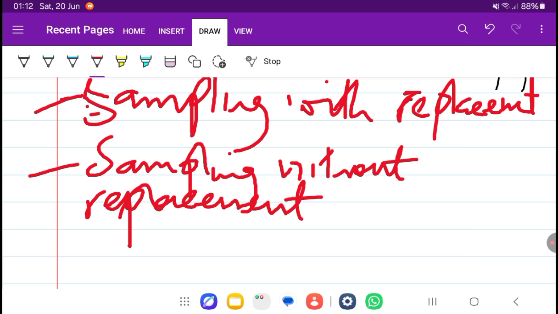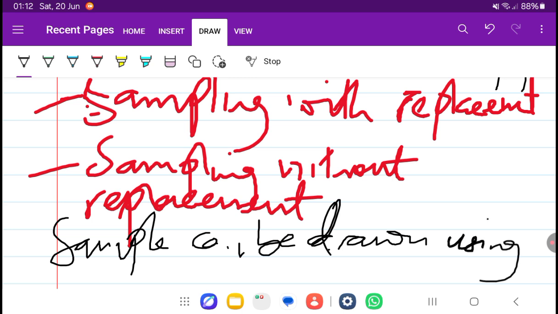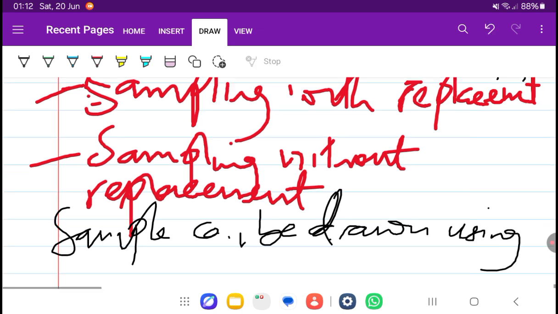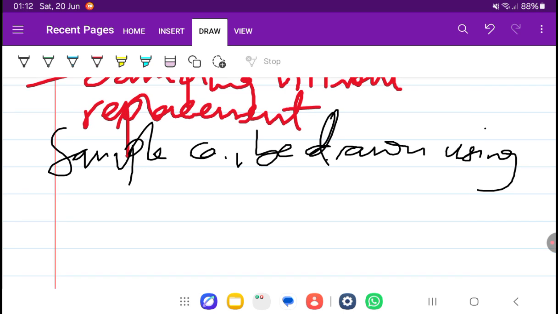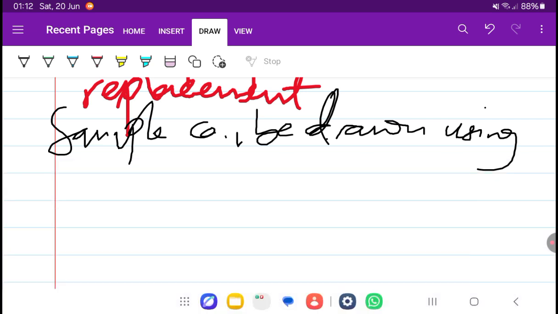One key thing you need to understand is that there are two ways in which a sample can be drawn.